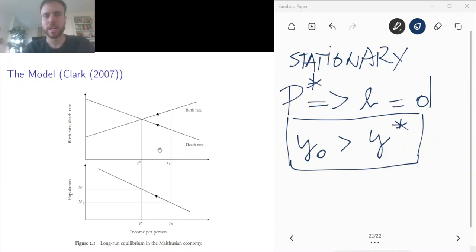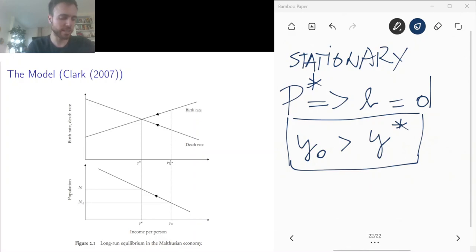So here I took this picture from A Farewell to Alms by Gregory Clark. So this is the graph that shows the dynamics of the Malthusian model. So Y star is the stationary, the subsistence income. There is a shock.